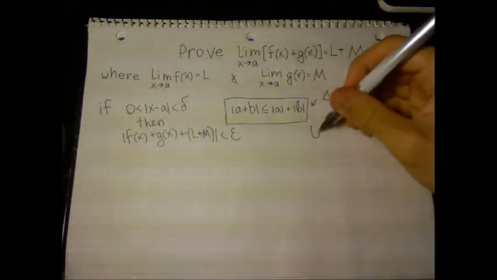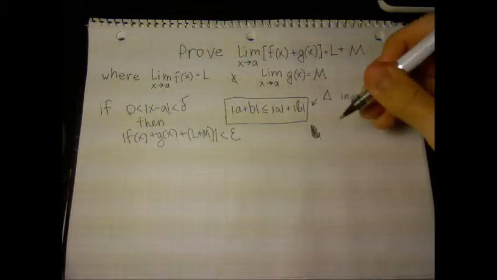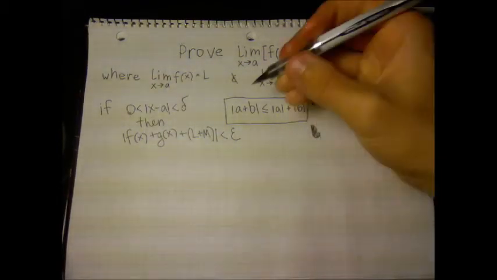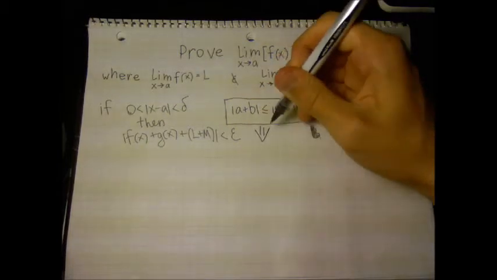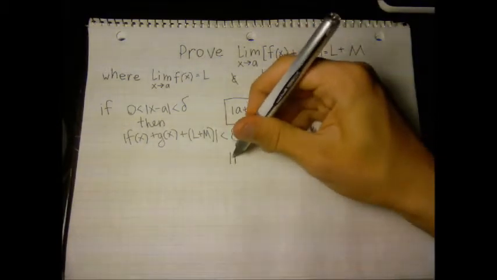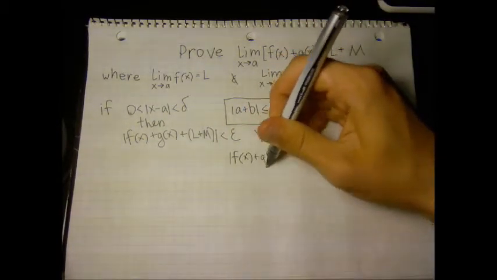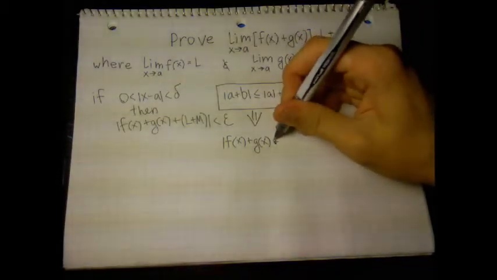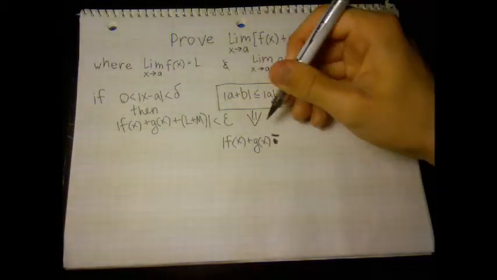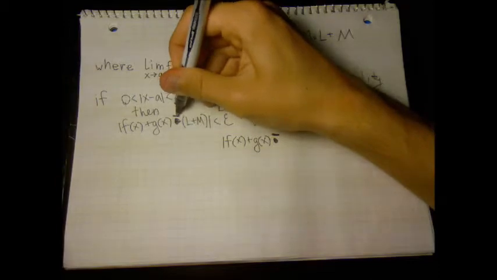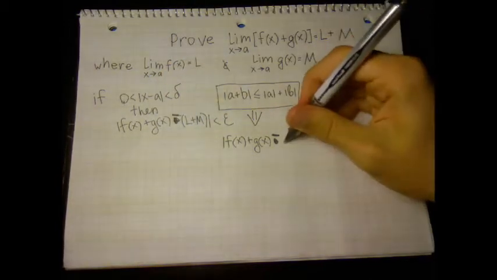So now, using the triangle inequality, you can simply rewrite it in terms of f of x plus g of x minus L and minus M. By the way, there is a mistake. Yeah, there is a negative sign here and a negative sign there instead of a positive sign.